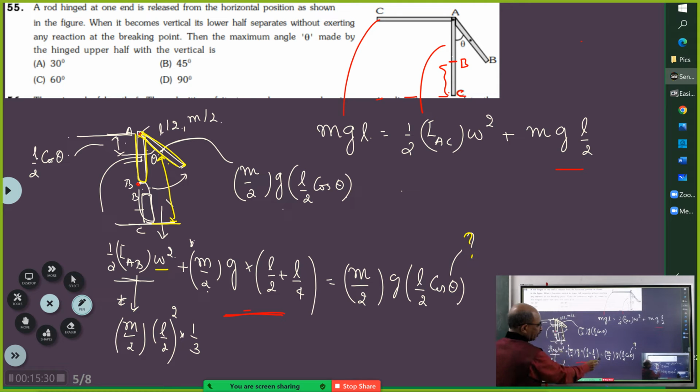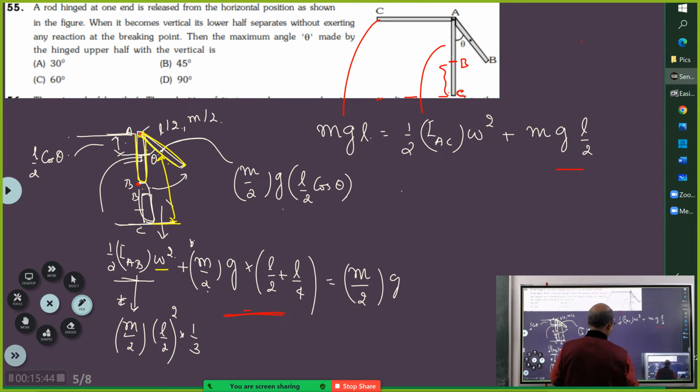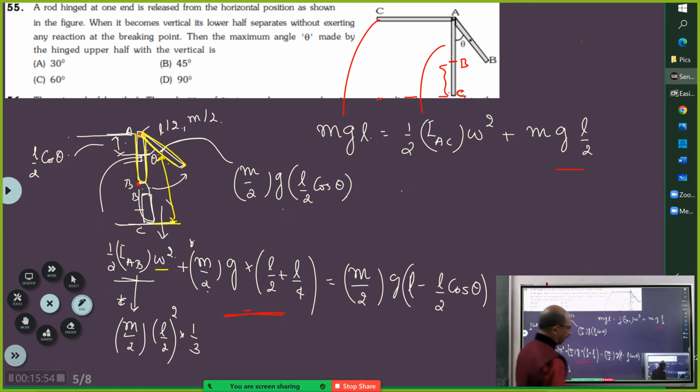The mass of the rod is m. Oh wait, I have taken L by 2 cos theta, only this side. I should say 1 minus cos theta, L by 2 times that. This height, no? L minus L by 2. Correct. Thank you.